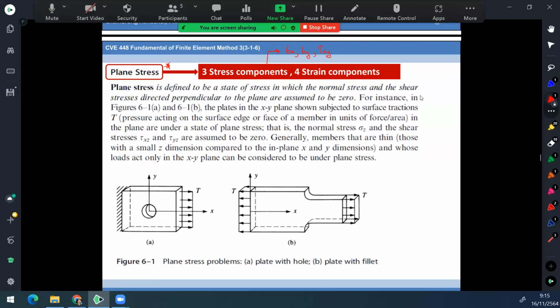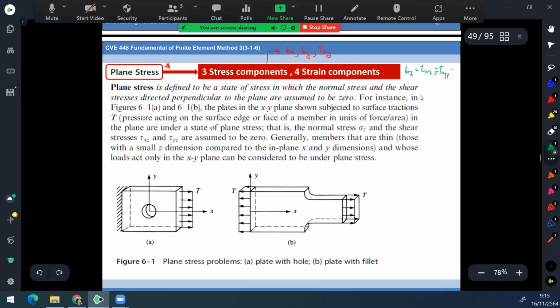The out-of-plane stress means that sigma z, tau xz, and tau yz become 0. Actually, it may not be exactly 0, but it may be small enough to neglect, and we can neglect its effect in our plane stress.